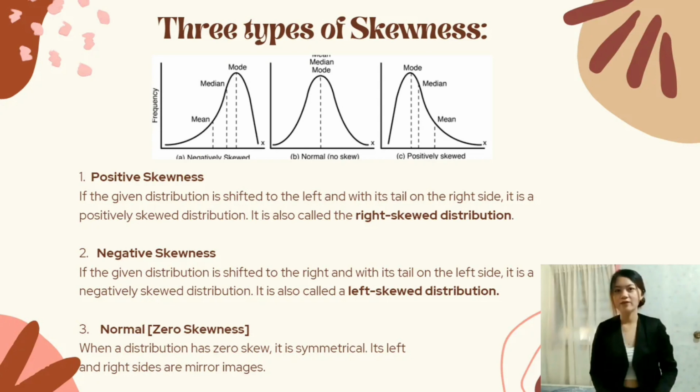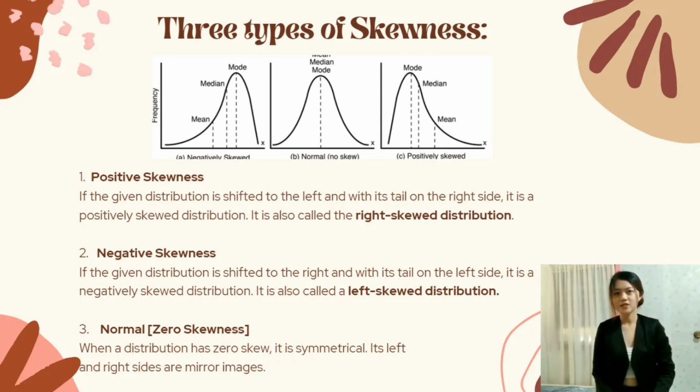First one is the positive skewness. If the given distribution is shifted to the left and its tail is on the right side, it is a positively skewed distribution. It is also called the right skew distribution. A tail is referred to as the tapering of the curve differently from the data points on the other side.